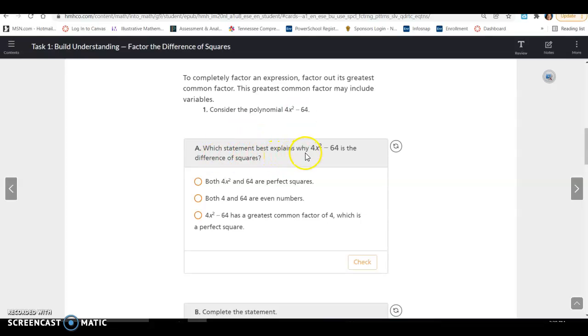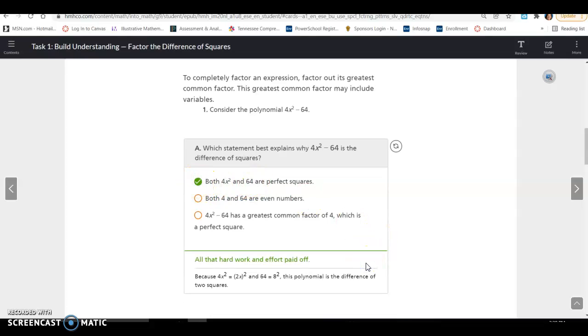Which statement best explains why 4x squared minus 64 is a difference of squares? So 4x squared and 64 are both perfect squares. 2x, quantity squared, and 8 squared would be what produces those.